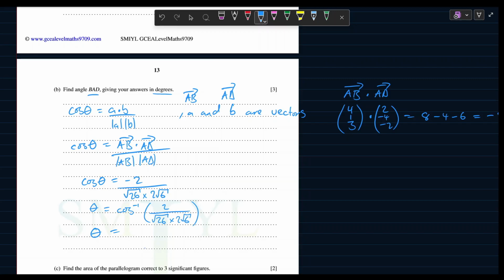I omitted the negative sign there, it should be negative 2. So arc cos of negative 2 over the square root of 26 times 2 root 6, and this gives us 94.6 degrees, correct to 1 decimal place.